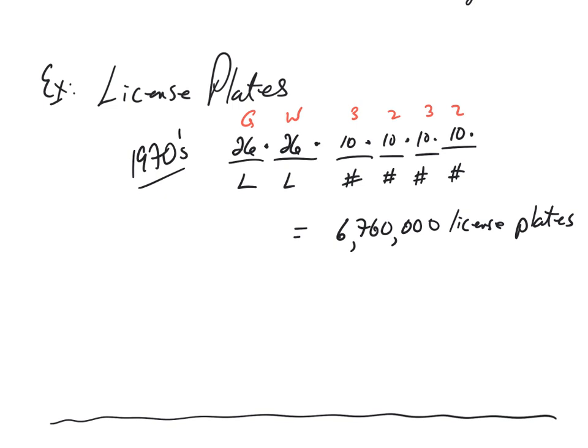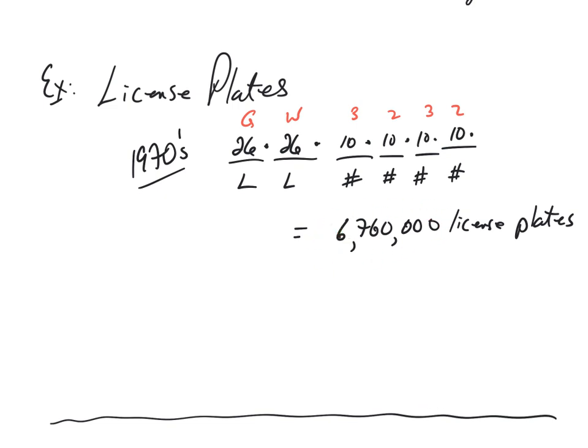They very well might not have allowed a license plate that would look like 00000. They might have thought that was kind of dorky. So they might not have allowed certain ones, but without restriction, that's how many license plates are possible.